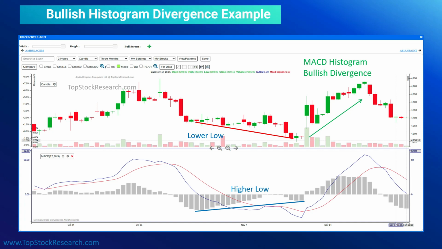We have to adapt according to the news. It could be news, it could be rumors, it could be anything. Whenever there are rumors or news, unless it's a proven one, try to avoid those stocks.